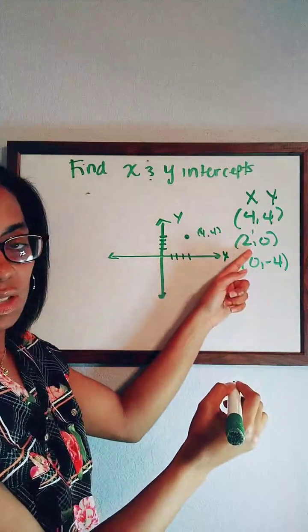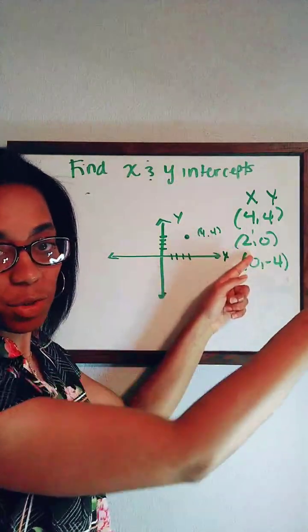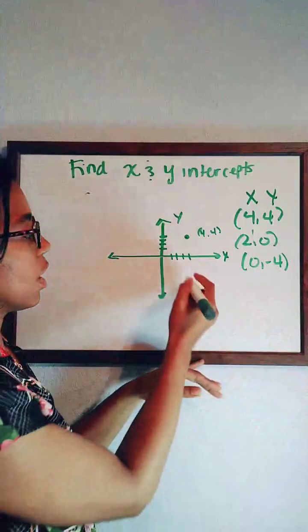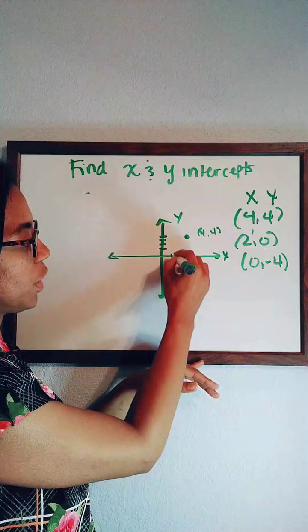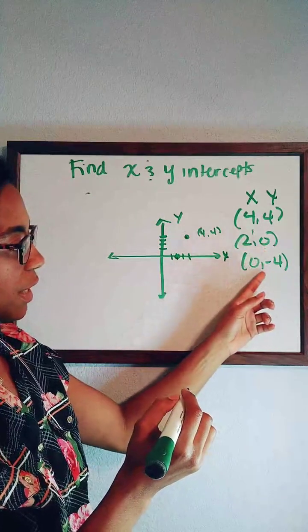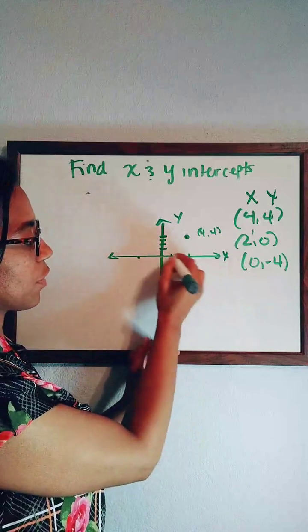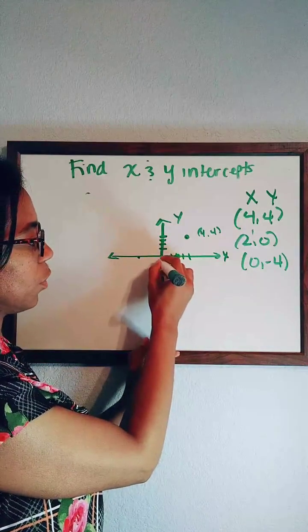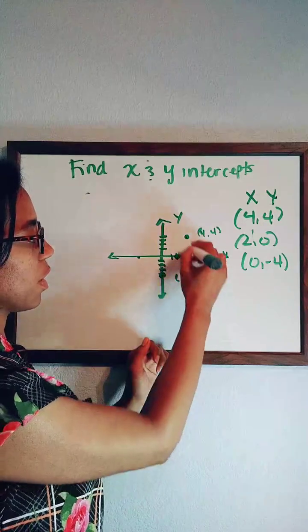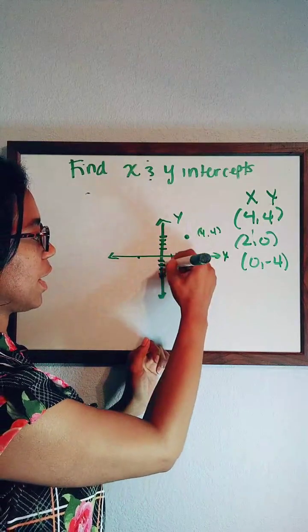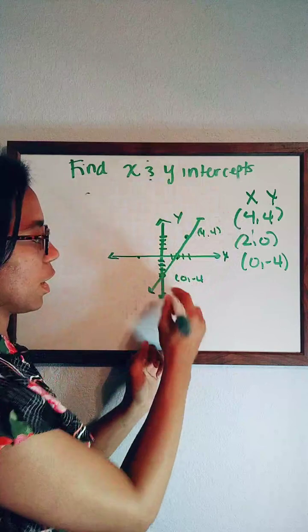For this one, it says go to the right 2 and don't move anywhere, because my Y is at 0. The next one says you're not going to move left or right, but you're going to go down 1, 2, 3, 4. So that would be (0, -4). Then that's how you connect your dots, and that's it.